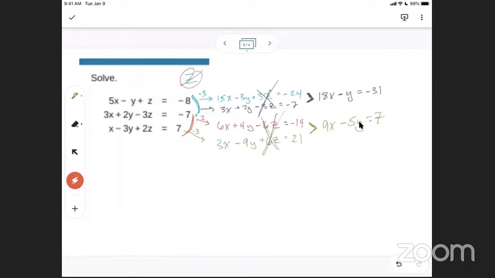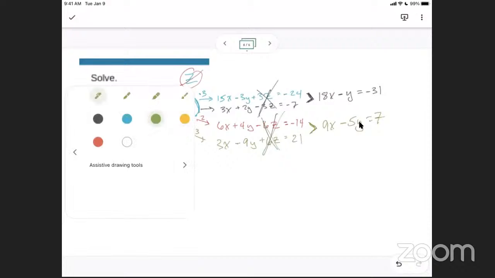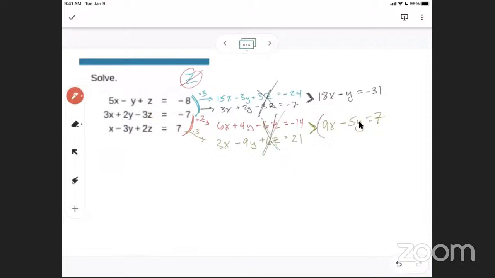I was going to say x. Okay. So how do I eliminate the x? It doesn't really matter. No, I think x is a better choice. So what do I have to do to eliminate the x? Multiply by negative 2. That's right. And I get negative 18x plus 10y, don't forget about the signs, equals negative 14.